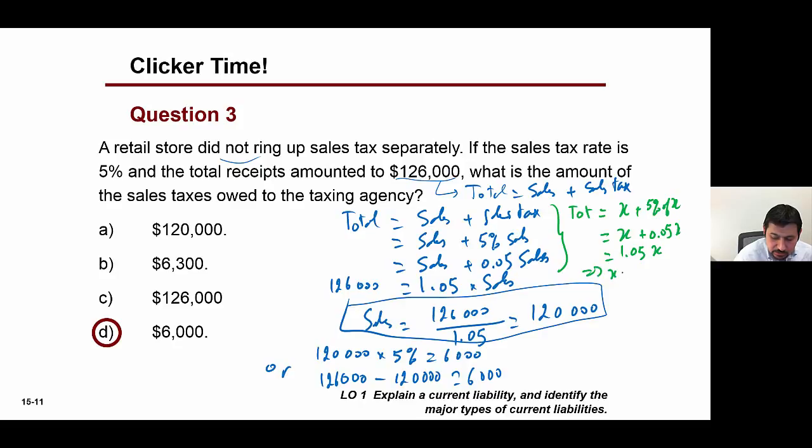So x is equal to the total divided by 1.05. This is the same way.